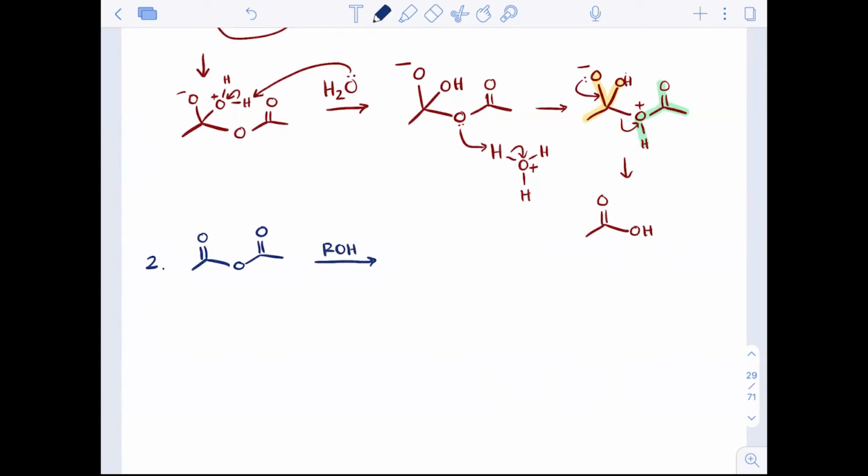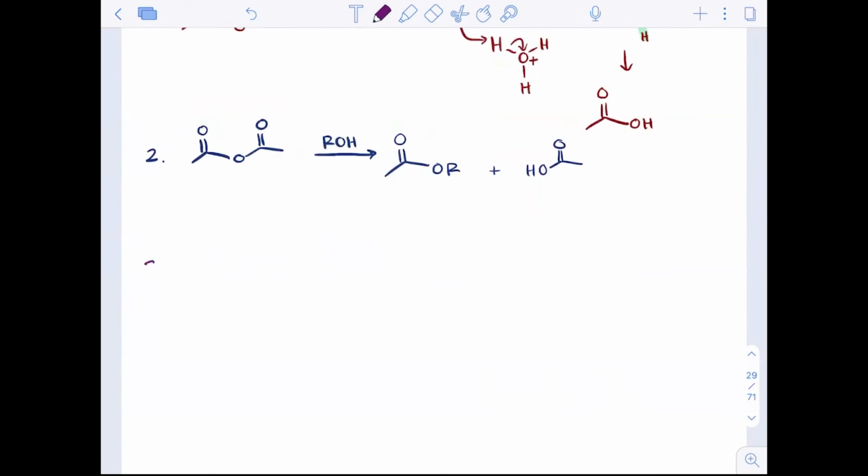And what happens with the alcohol mechanism is we make an ester and a carboxylic acid gets kicked off as well. So carboxylic acids or esters can be produced just by throwing in that anhydride. Beautiful.